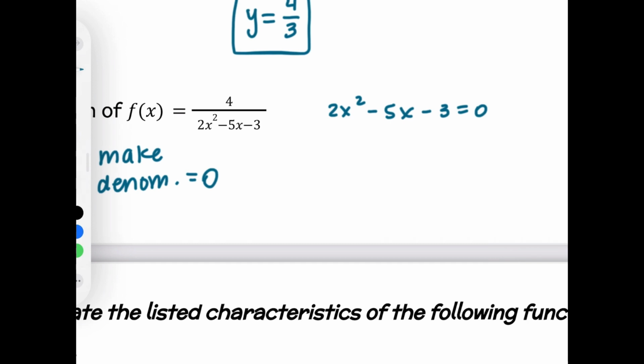So if we factor this, a isn't 1, so we need to multiply those together. We get -6. What multiplies to -6 and adds to -5? That would be -6 and +1. So remember, we replace that. We can't use the shortcut because a is not 1.